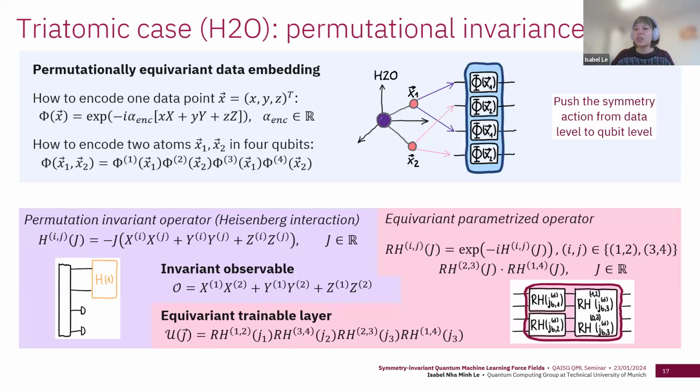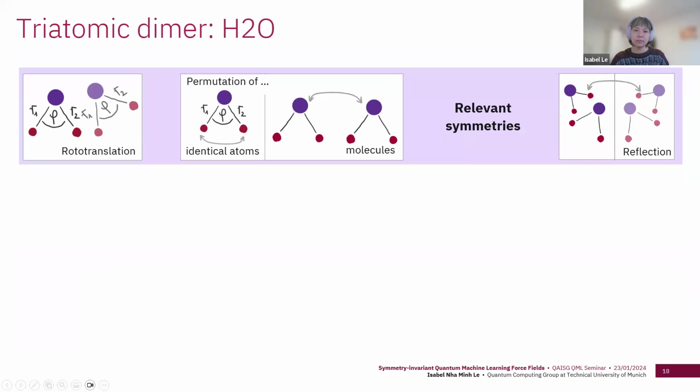And for exponentiating the Heisenberg interaction that acts on the first and the last qubits and the second and the third qubits jointly. So this is depicted here. Okay, so that was our second example of a water molecule.